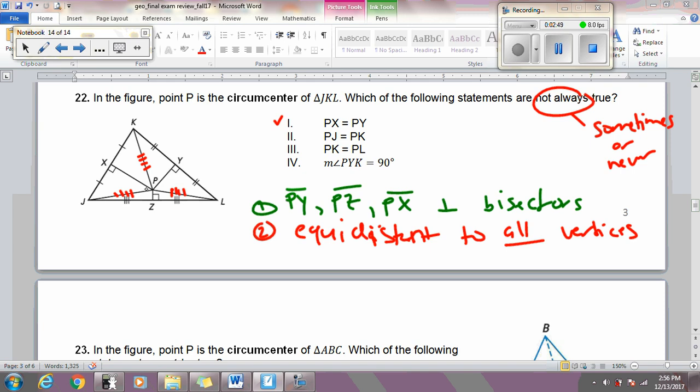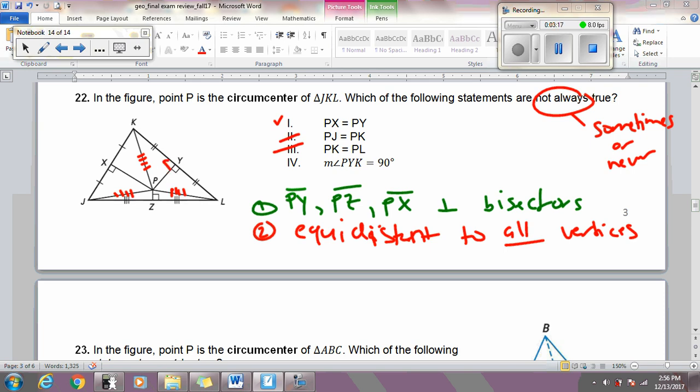PJ is equal to PK. And I just told you that is always true. So scratch it off. PK equals PL. Again, that is always true. So let's remove that one. Then the measure of angle PYK equals 90 degrees.